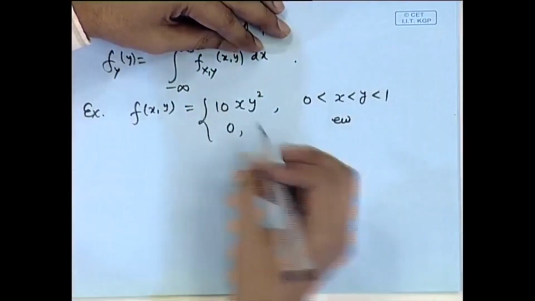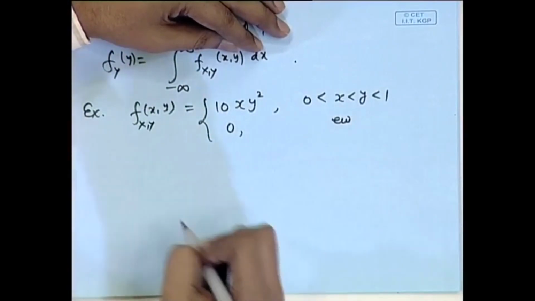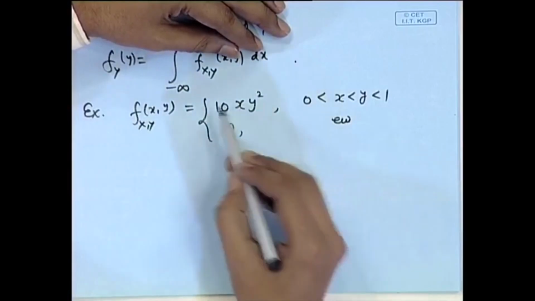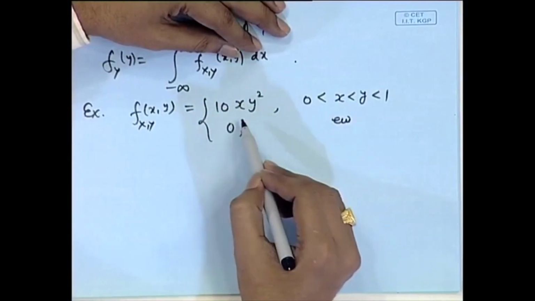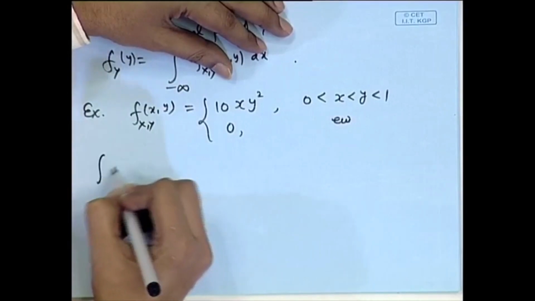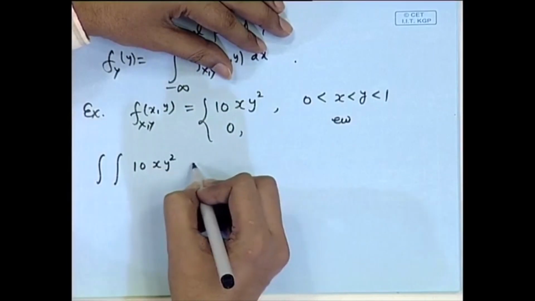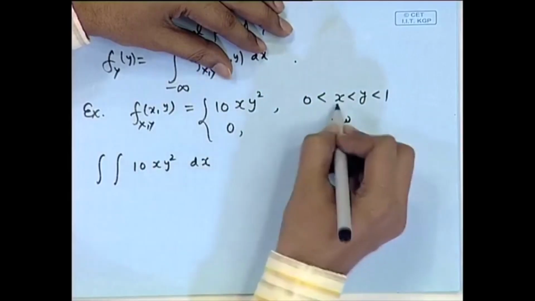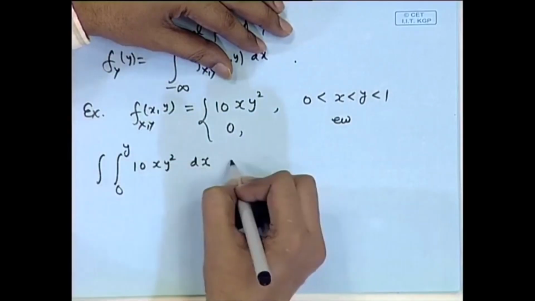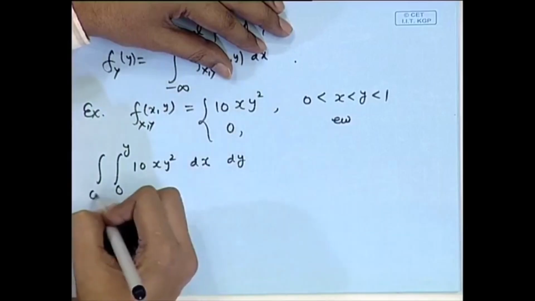Let us analyze this PDF. First of all, is it a valid PDF? You can see that the values are non-negative, and if I take the integral over the full range, if I integrate with respect to x first, then it will be 0 to y, and then the range of y will be 0 to 1.